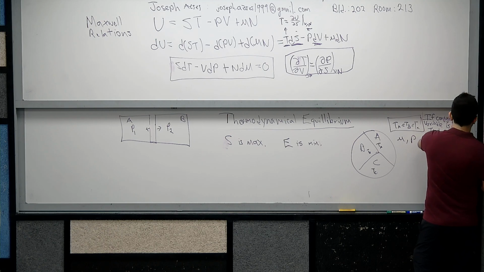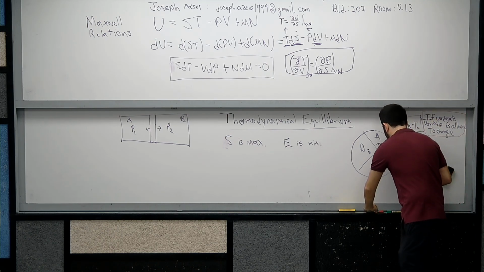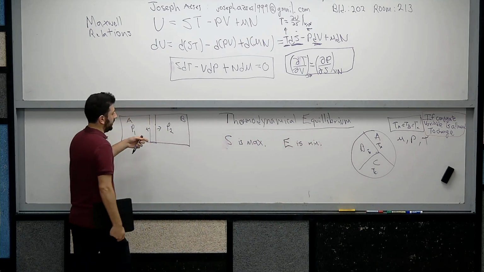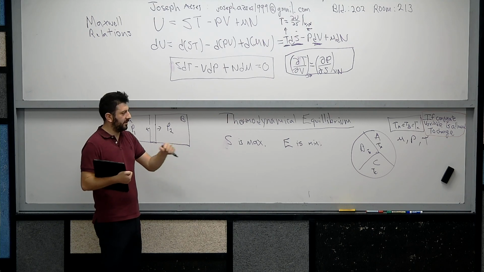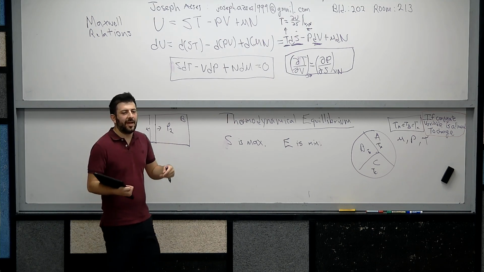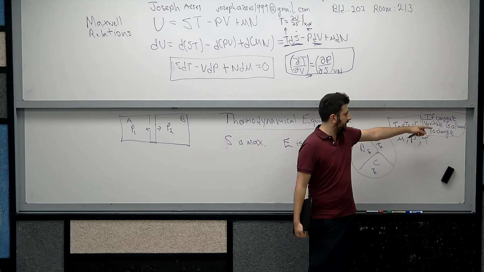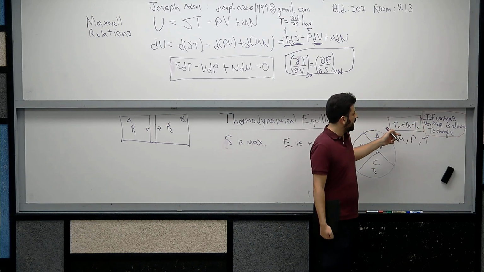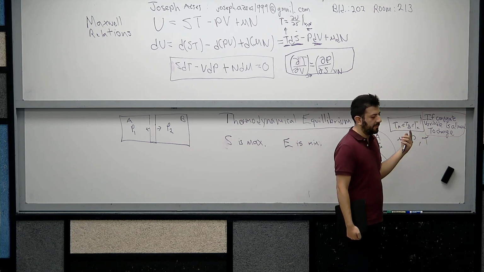This is very, very important, because all the intensive variables are the ones that dictate how the system moves, but the things that actually move are the extensive variables, the entropy, the number of particles.